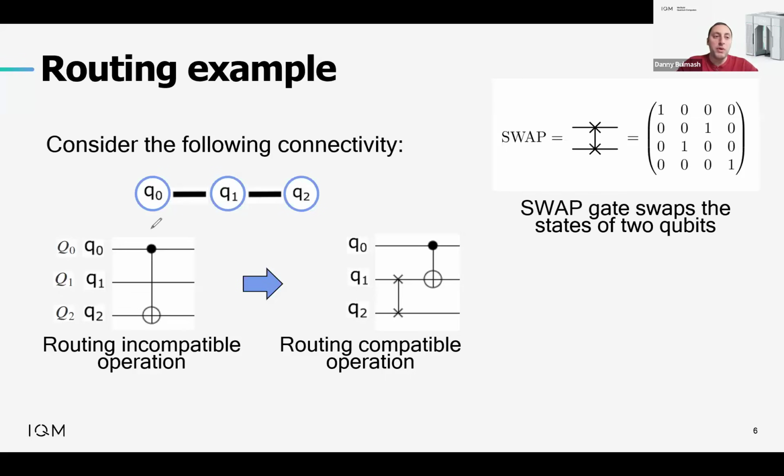Qubit 0 in the program corresponds to the physical qubit 0. So the capital letters here are going to be what we're referring to in the program, and the lowercase letters are the ones that we refer to in the physical hardware.